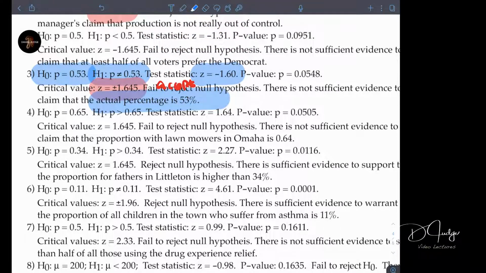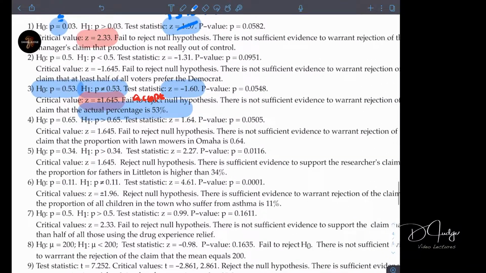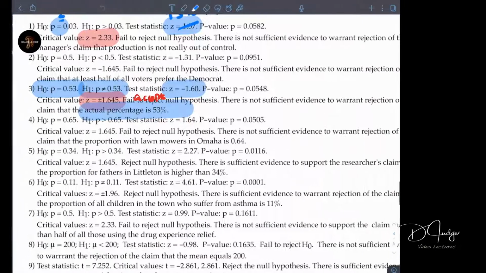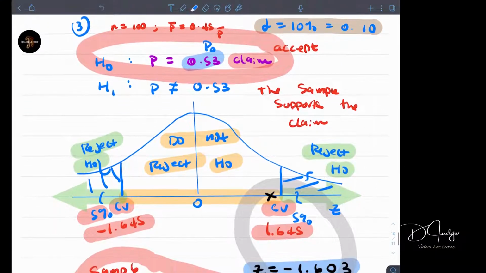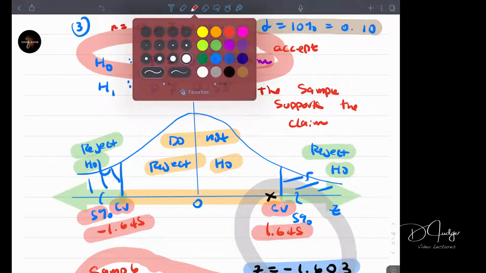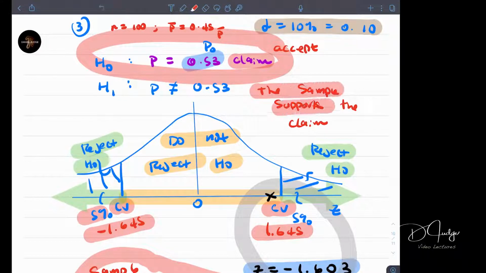So, yeah, they're pretty much saying the same exact thing that I just told you guys. And we're good with that one. Let's go back. They're essentially saying what I just said to you guys. But what I'm looking for here is simply saying the sample supports the claim. We're going to keep it simple, ladies and gentlemen.